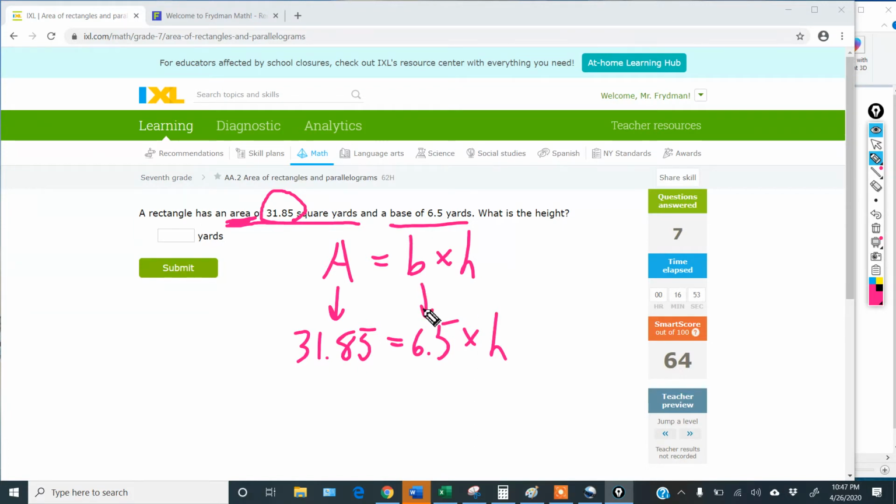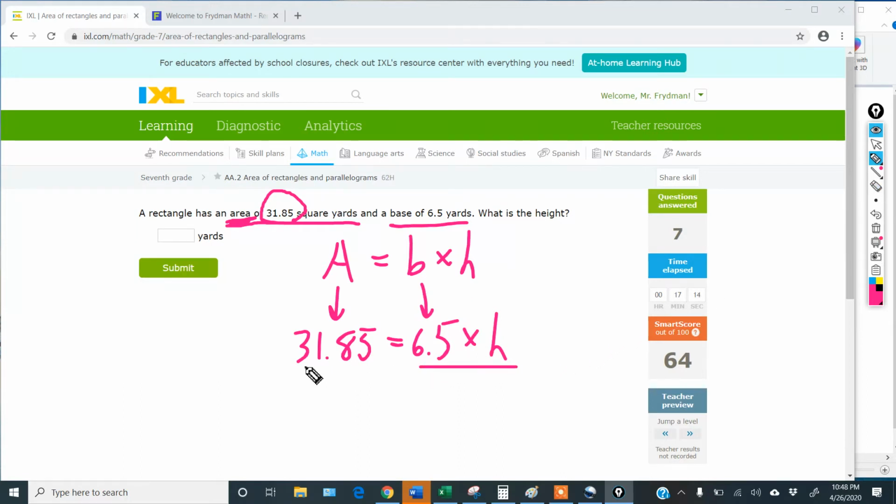I still would have gotten the right answer because, again, because of the commutative property, it doesn't really matter if I put it here or here because these two things are just getting multiplied together. But you really have to be careful where you put the area. You can't put the area in here for the base or the height. You can't mess up there.